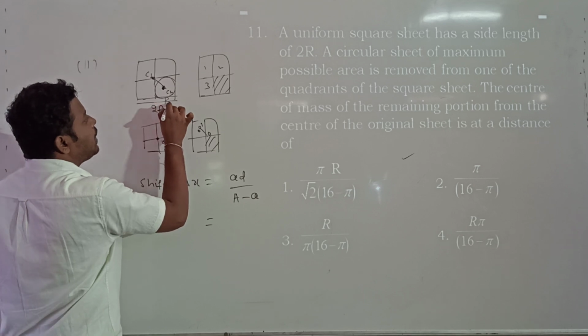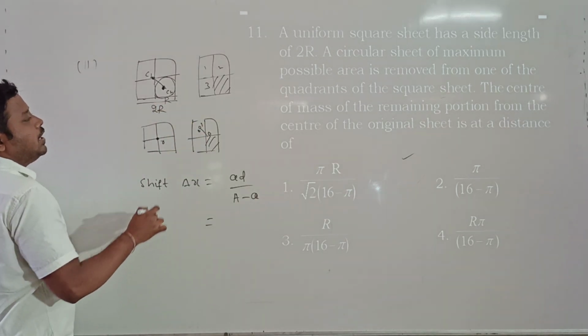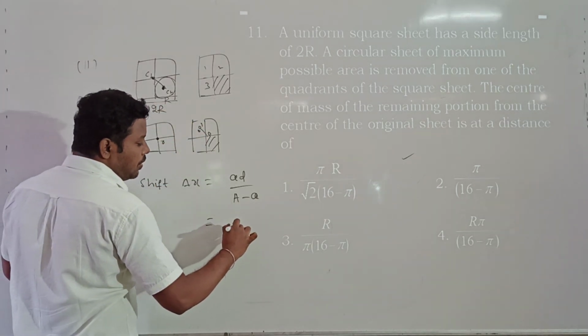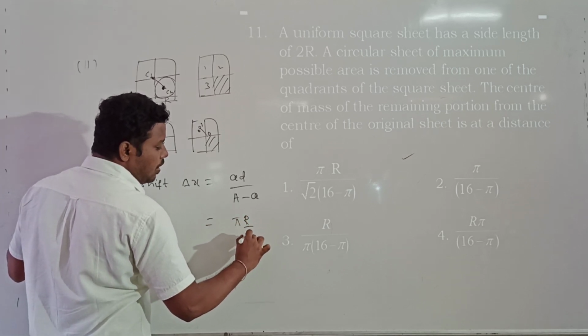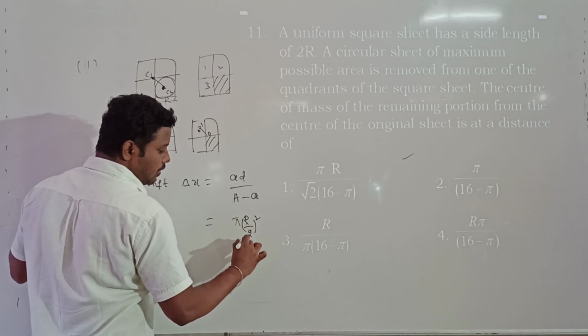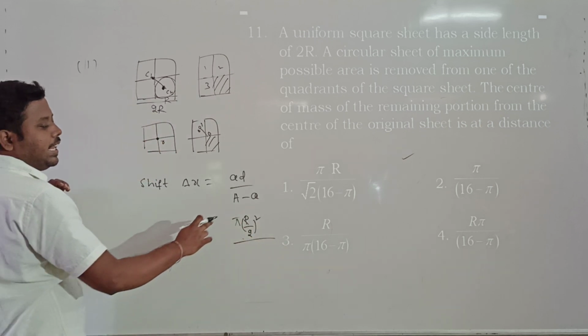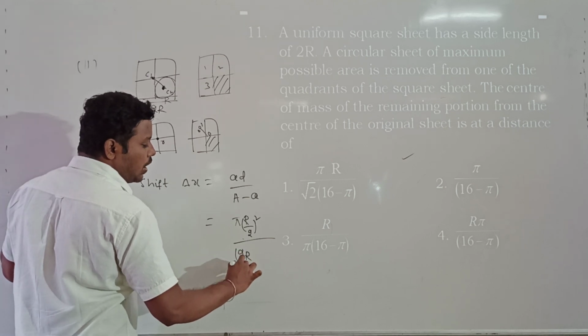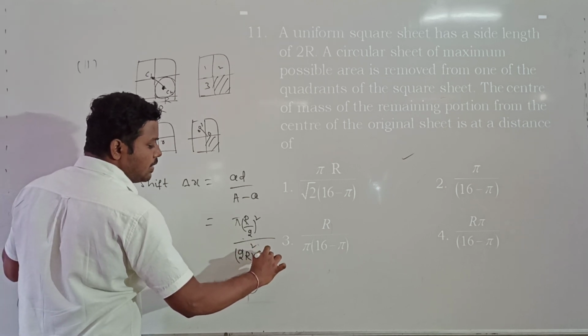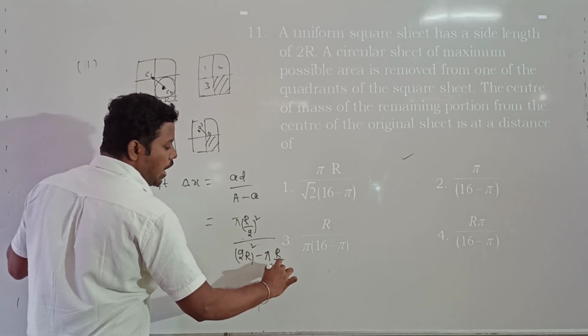The circular disc area is pi r square, so pi into r by 2 whole square. The square plate area is the total side 2r whole square, minus pi into r by 2 whole square.